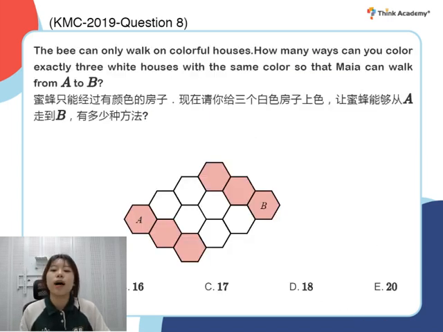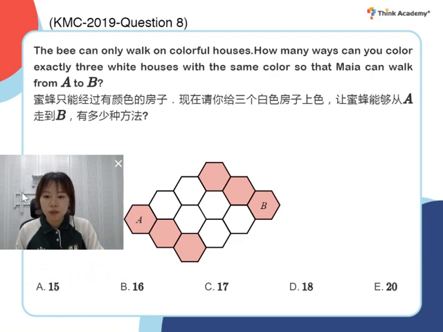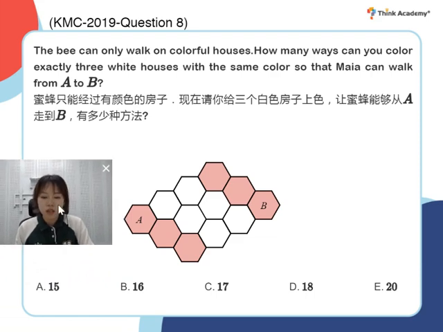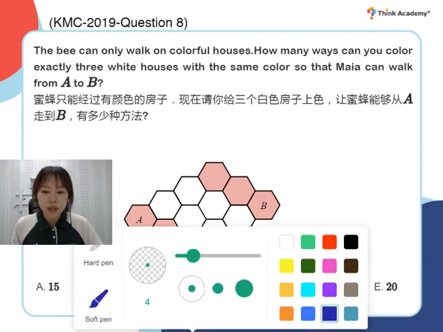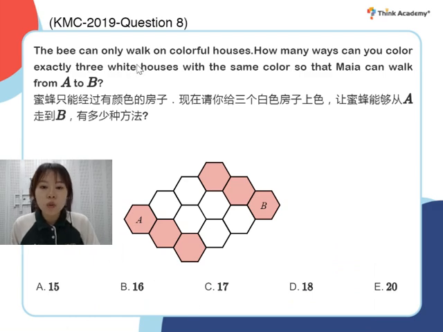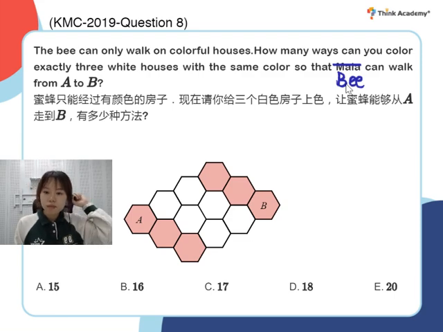Oh, the last one, the counting module. Let me move myself and make myself smaller. Here, the bee can only walk on the colorful houses. How many ways can you color exactly 3 white houses with the same color so that the bee can walk from A to B?